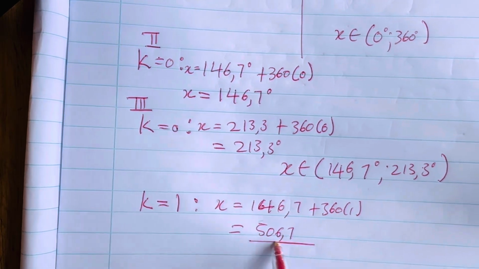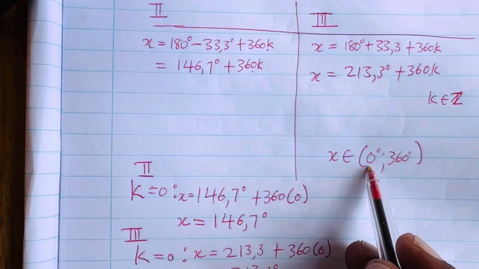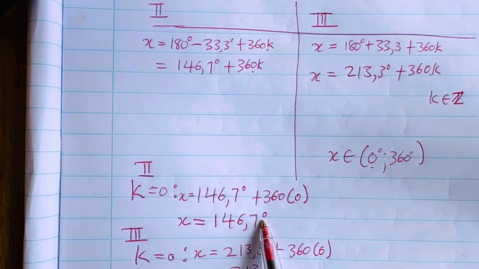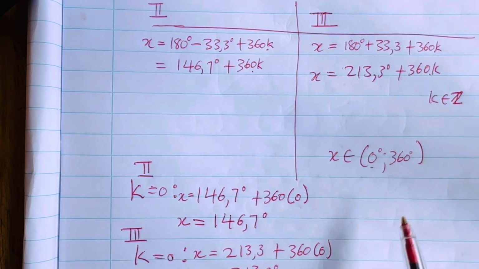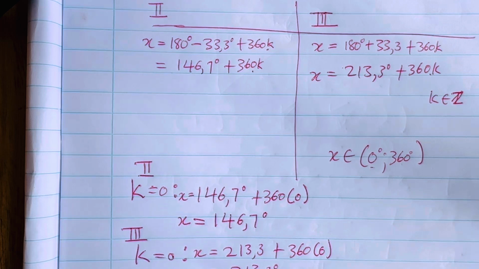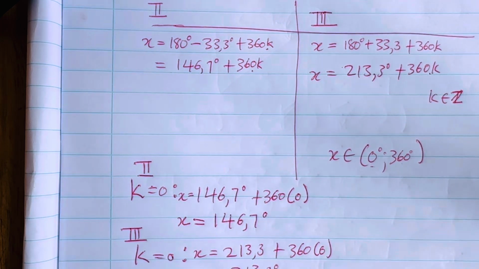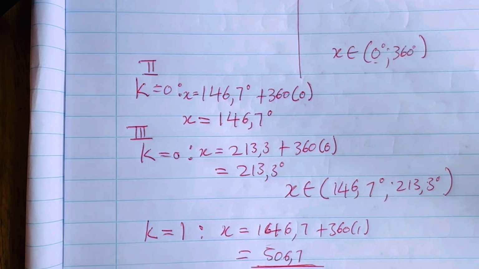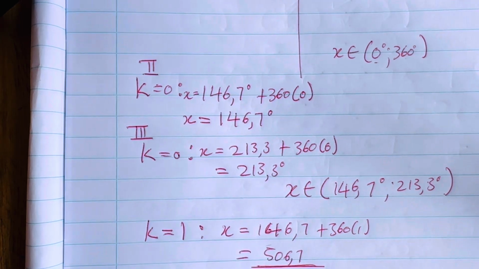This 506 is not between 0 degrees and 360, but 146,7 is between 0 and 360, and 213,3 is between 0 and 360. So those are the two x values we are looking for, because once we substitute any number that is not 0, we get a number that is not between 0 degrees and 360 degrees.